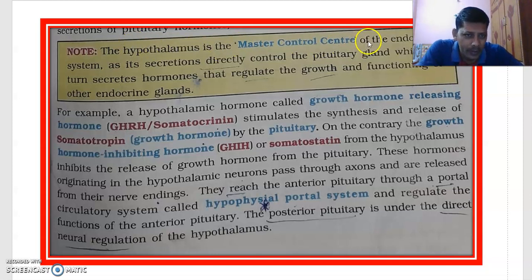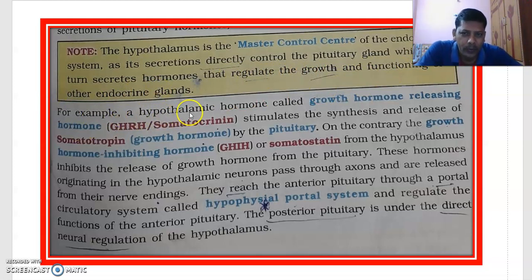The hypothalamus is the master control center of the endocrine system because its secretions directly control the pituitary gland, which in turn secretes hormones that regulate the growth and functioning of the other endocrine glands.